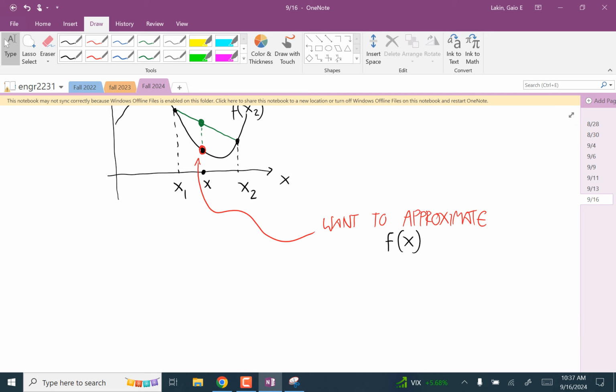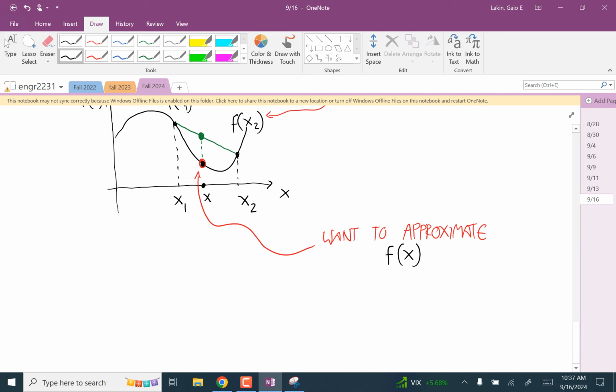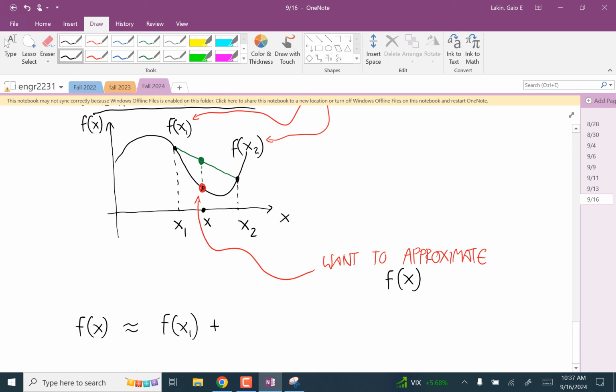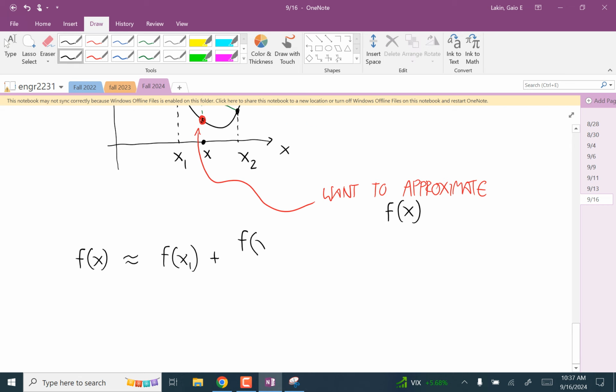And so the function, which is just an equation that gives us the value lying on this line, says f of x is about equal to f at x1 plus the slope of the line between these two function values, so that's going to be the rise over the run, multiplied by x minus x1. So this is the function we're always going to use.